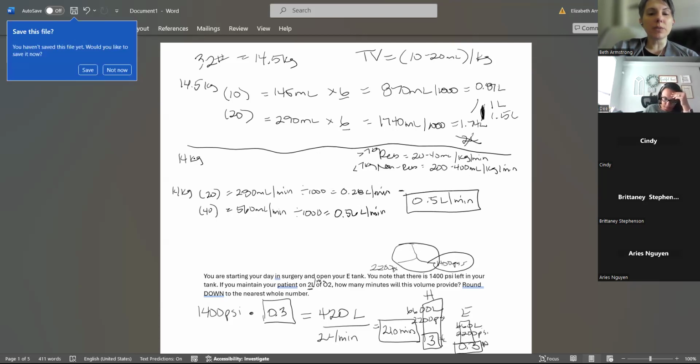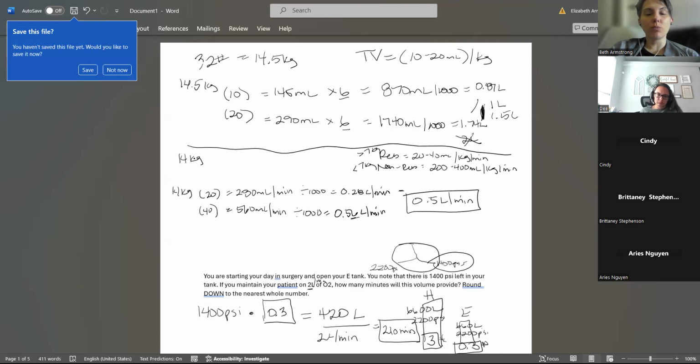Sure, you could maybe go up to 0.6 liters per minute because we're really close to that 0.6 if they really needed that oxygen. But as long as they're running at 0.5 liters per minute and they're oxygenating okay, there's no need to bump that up. So how many of you have a 14 kilogram pet? That is a 30-ish pound pet.